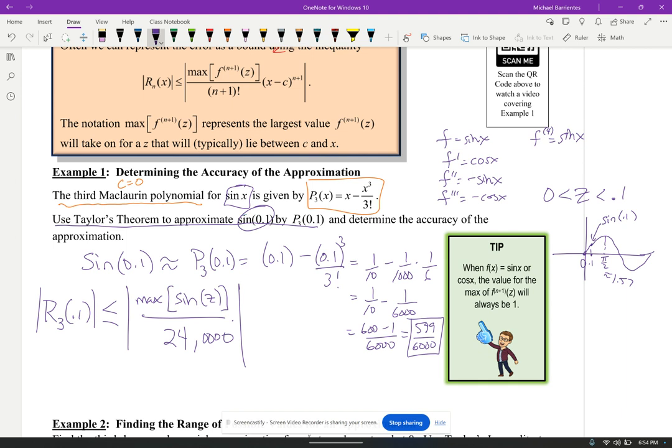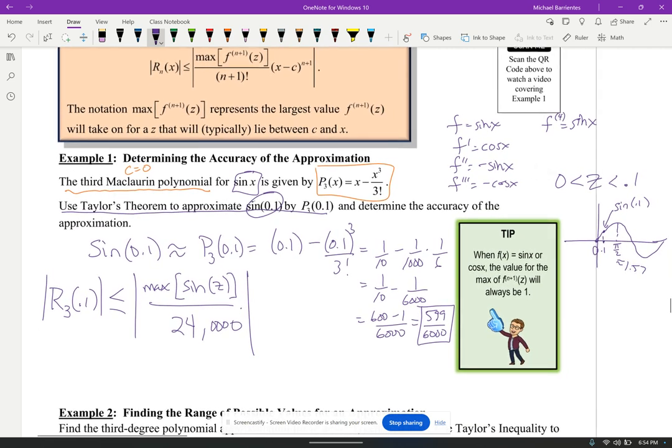What the heck? Except, if you read this little green box, it tells you something that you can do. Remember, we said that the z will typically lie between the center point and the x value. But if I look at my graph, I can guarantee that the highest the sine of any z value is going to go is this peak at pi over 2.